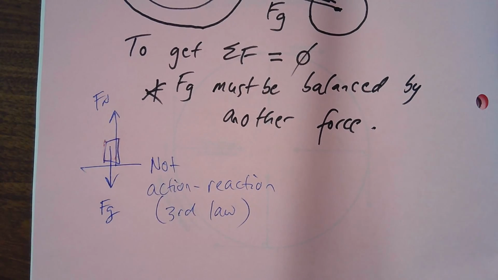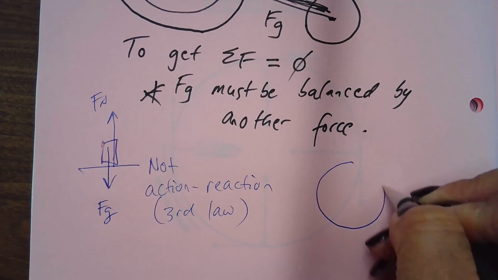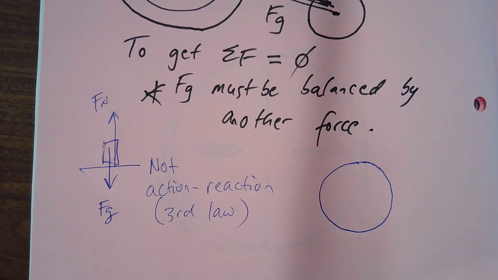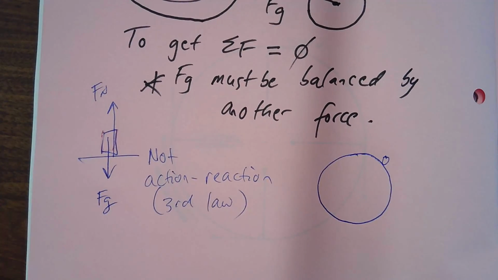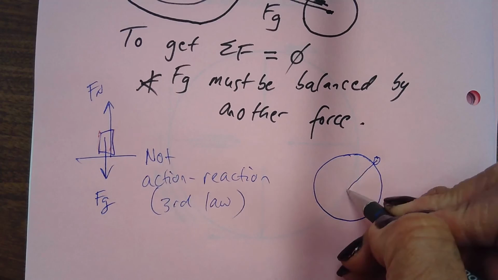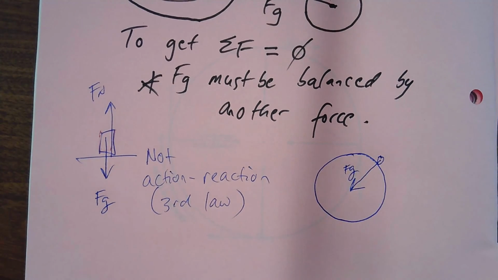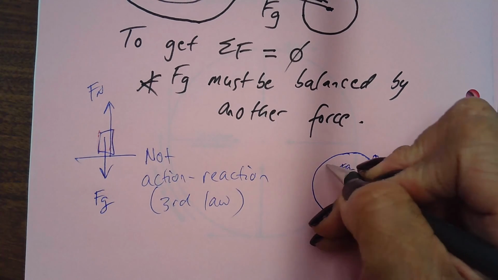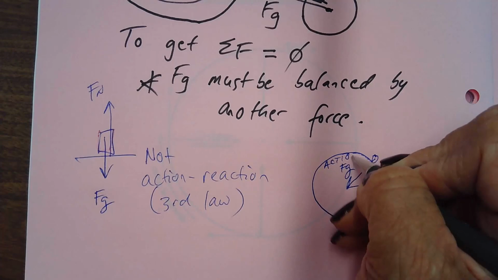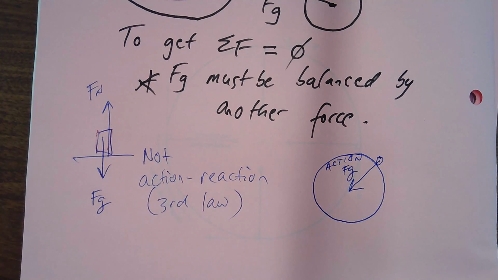It's not, okay? What the real action and reaction is, I'm going to draw the whole planet here. This is you right there. You are being pulled to the core by the Earth's mass. That's called the Fg. I'm going to call it the Fg action. So that's the action. The Earth is pulling you down. But you know what the real reaction is?